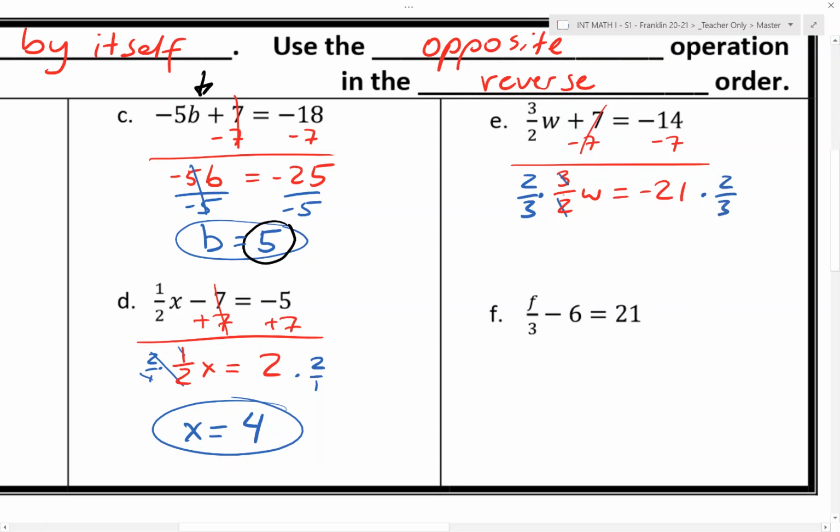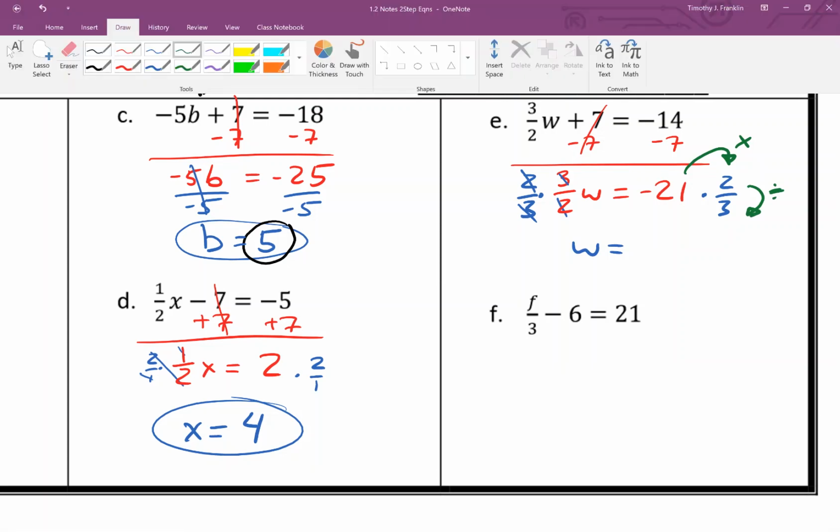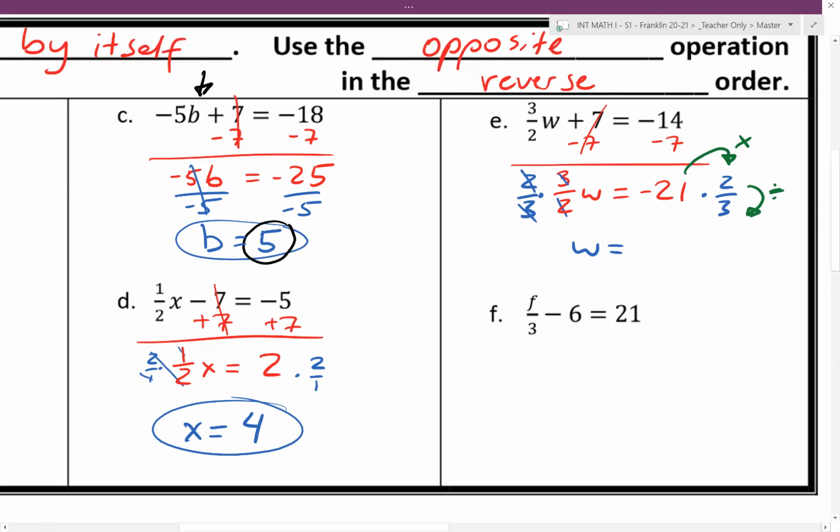Flip the fraction and multiply. So w equals, now we have to figure this out, multiply by 2, divide by 3, and that does give an answer of negative 14. All right.